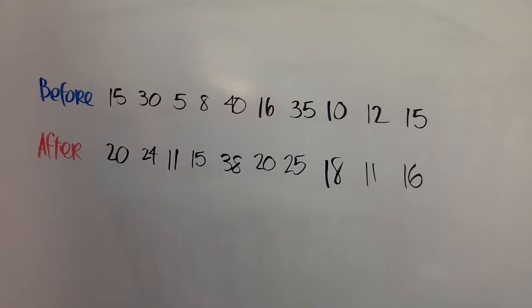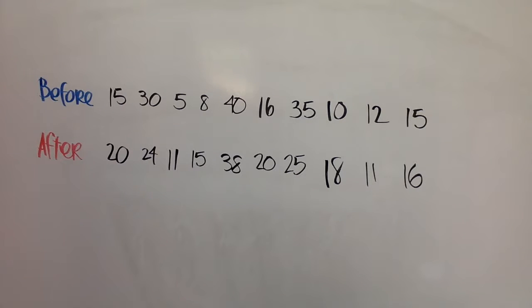So now we have our data set. We have the pounds of fish that the dolphins consumed before they started their workout routine, and then we have the pounds of fish that they would consume after they started the workout routine. So since these are related samples, and they aren't quite normally distributed, and we can tell because on the before data set, we have a larger number at 40 and a small number at 5, and our middle numbers are kind of spread out.